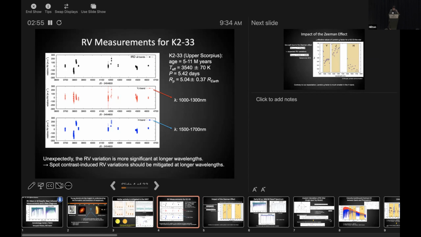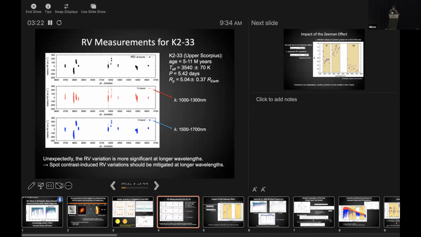The top panel shows the RV variations for achromatic RV, including the YJH bands. The middle panel is the RV variation for the YJ band, and the bottom one is for the H band. Unexpectedly, the RV variation was actually more significant at longer wavelengths.